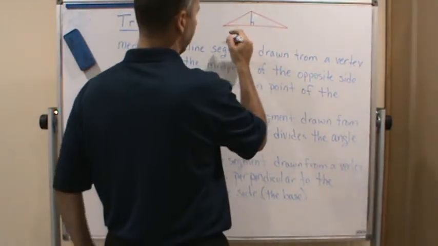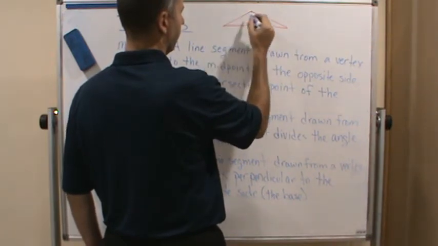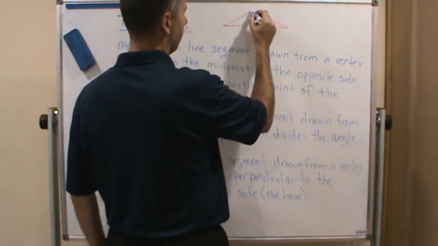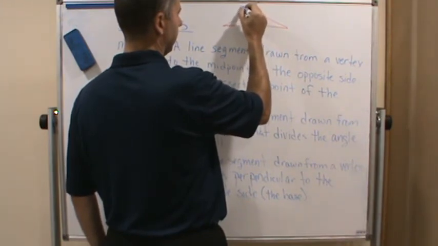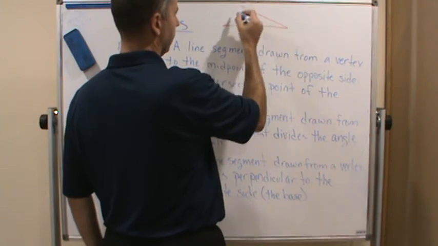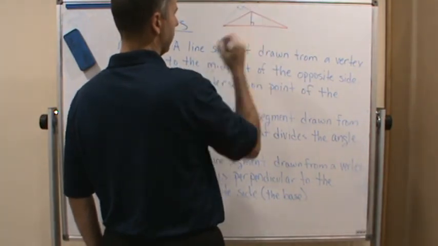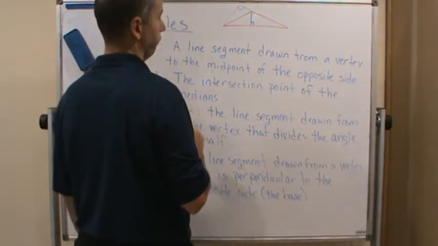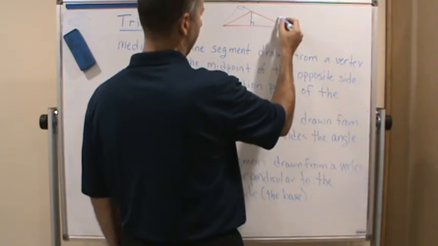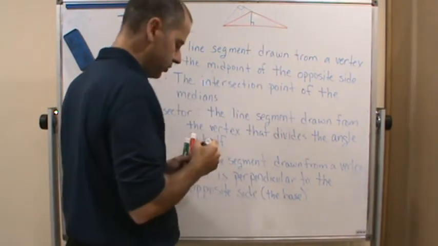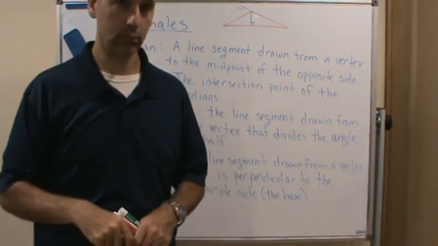Now, I could also draw an altitude from this angle, but it would actually come out to here, because if I extend this side out, then my altitude would come out over here. And again, if I did it over here, then my altitude would come out this way. So the altitude doesn't always stay inside the triangle, okay?